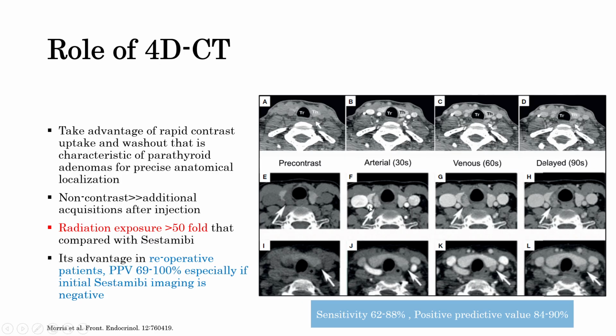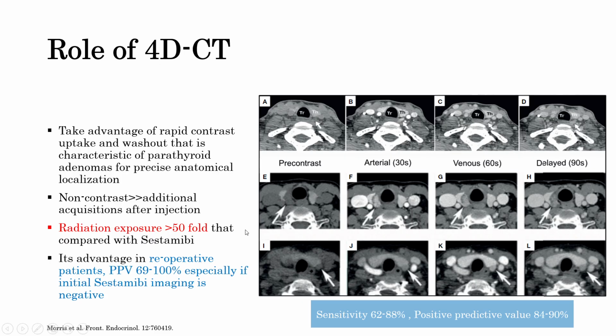We see how the parathyroid adenomas are evident after contrast. The main disadvantage of this technique is very high radiation exposure, which is more than 50-fold compared with sestamibi, but it is very beneficial in preoperative cases where the positive predictive value reaches 100%, especially if the initial sestamibi scan is negative.